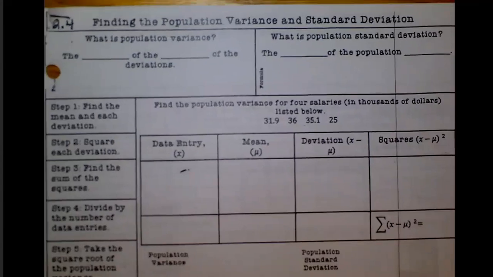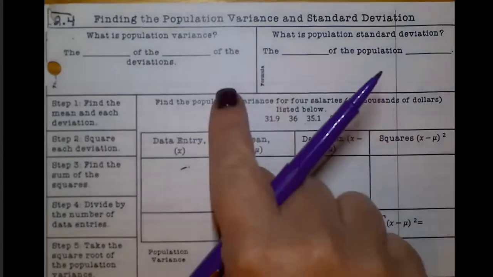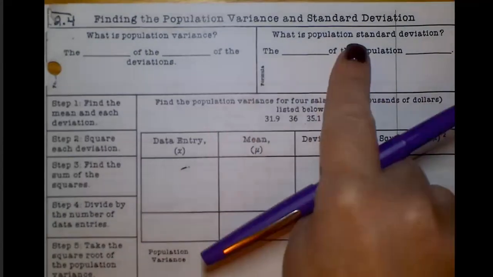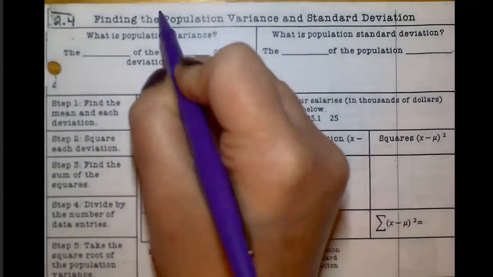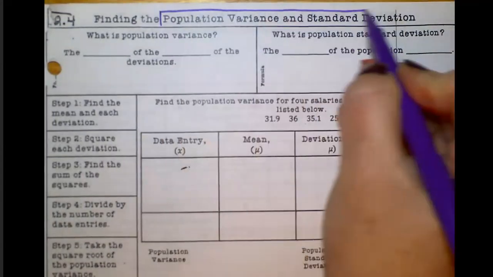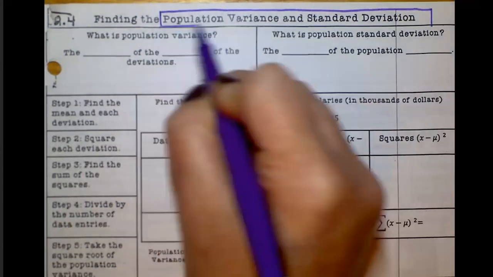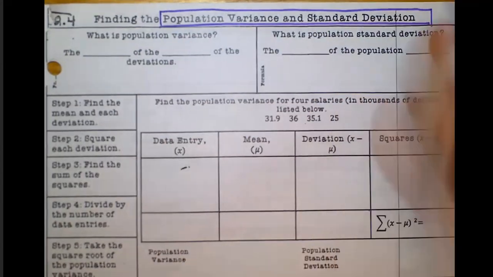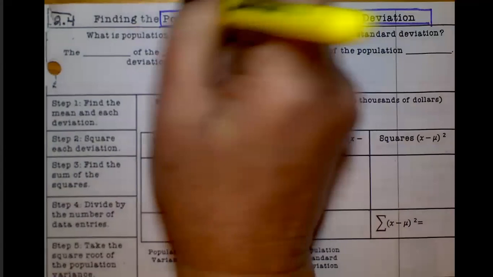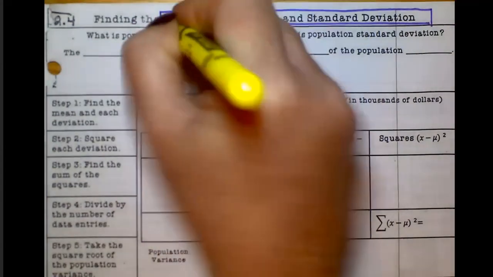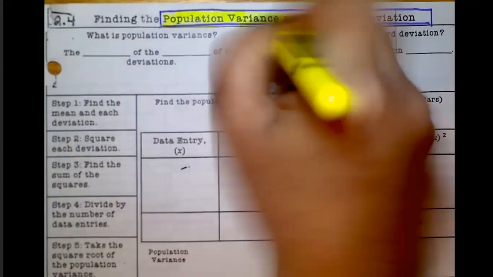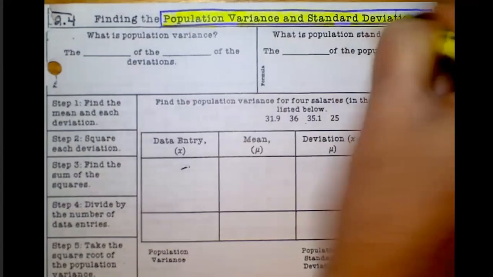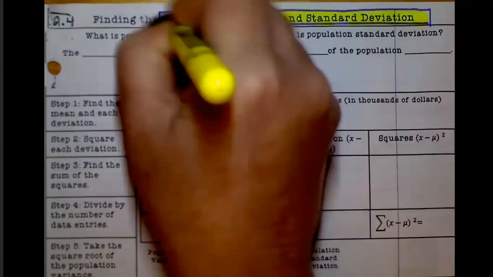So first of all, we're going to talk about population variance and population standard deviation. Make sure you highlight this part of the notes because a lot of times people get confused.